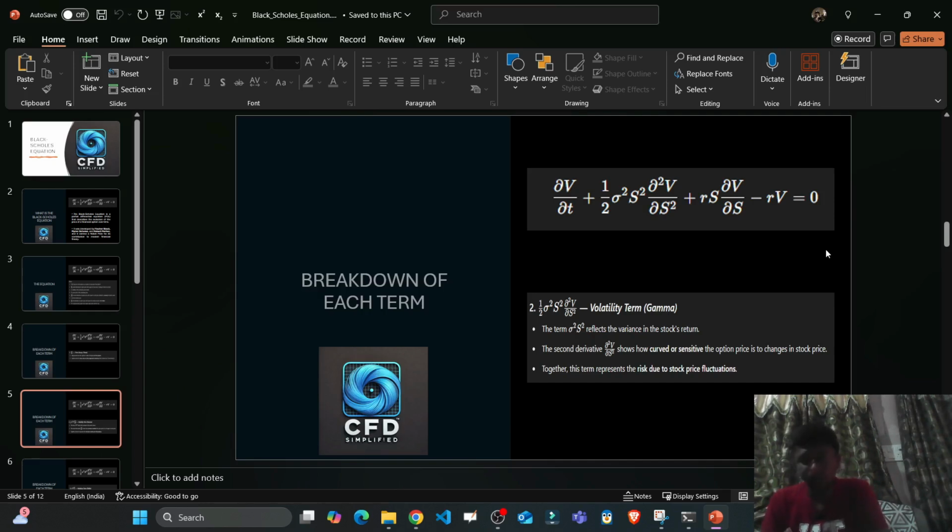The second derivative is representing the curve, the pattern, you can say, that you are getting at a specific stock price. So together, if you club them, this term is representing the risk due to stock price fluctuations.